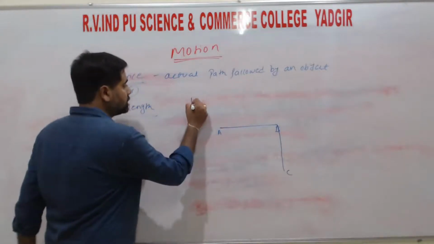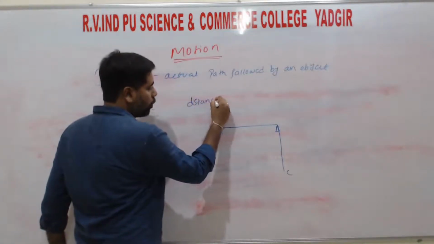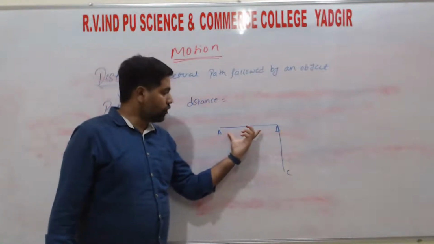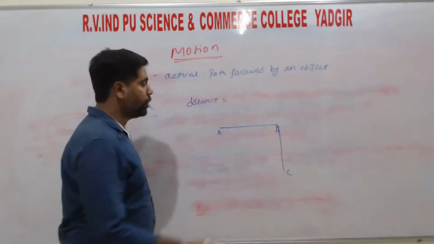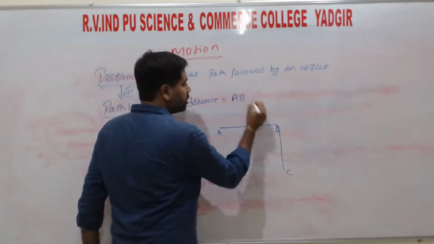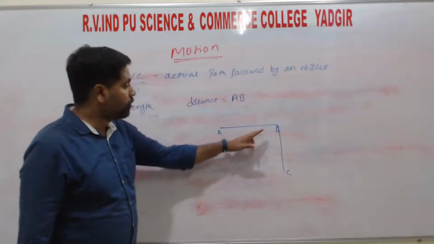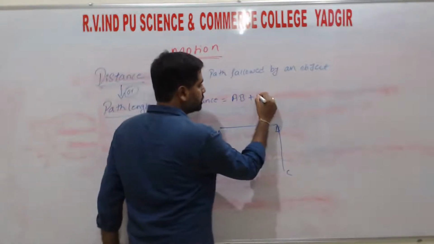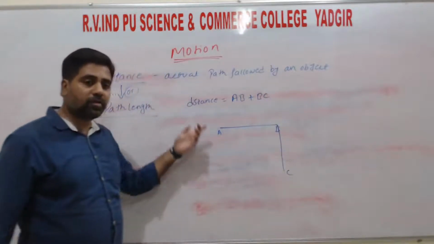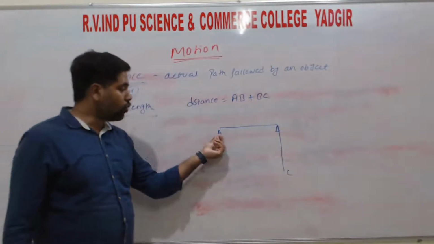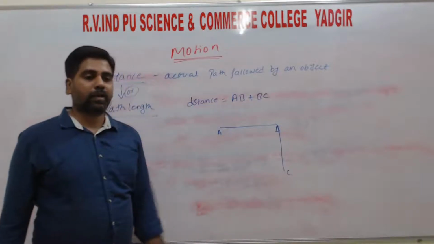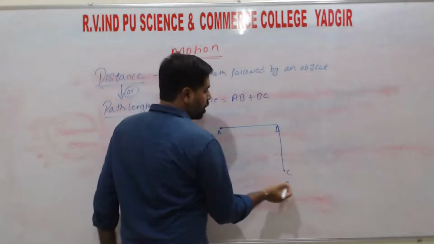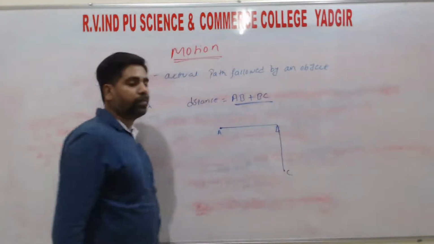That means distance or path length is equal to A to B. So first it travels from A to B, so the actual path traveled is AB. Next from B to C, that is plus BC, right? So this gives the distance between the two points A and C. So the distance between A and C is AB plus BC, right?